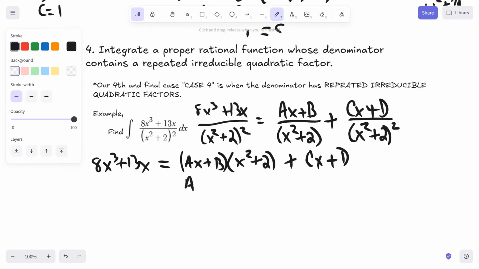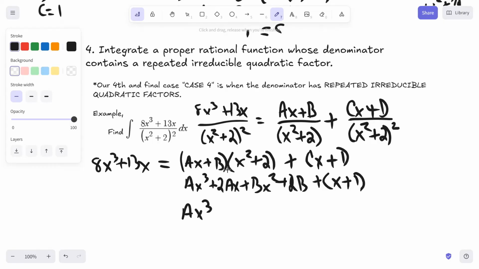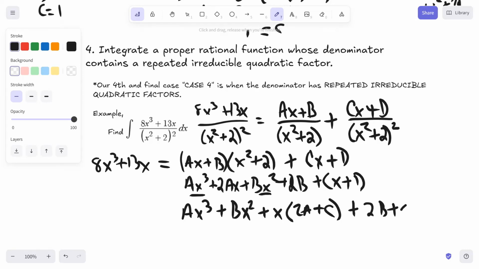So you'd have ax cubed plus 2ax plus bx squared plus 2b, plus cx plus d. If I equate coefficients, I would have ax cubed plus bx squared, takes care of those, plus x times 2a plus c, plus 2b plus d. Those are going to be the constants.